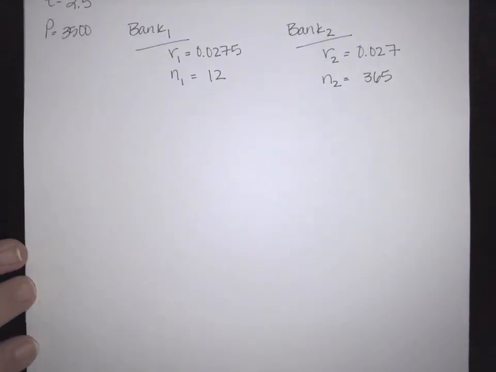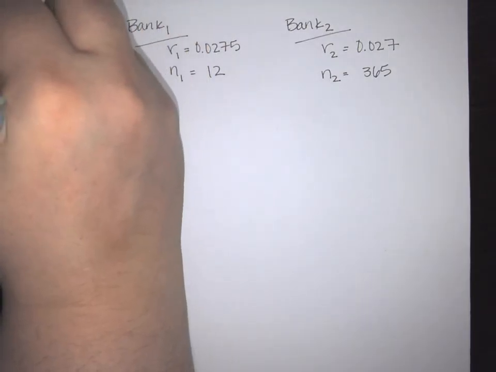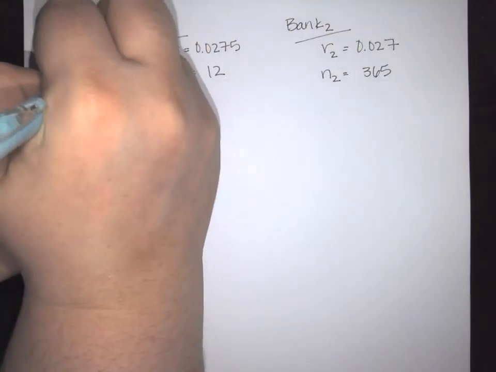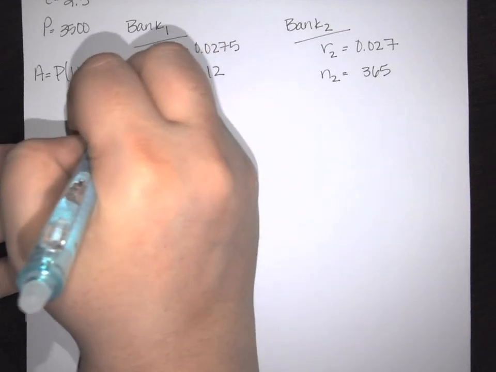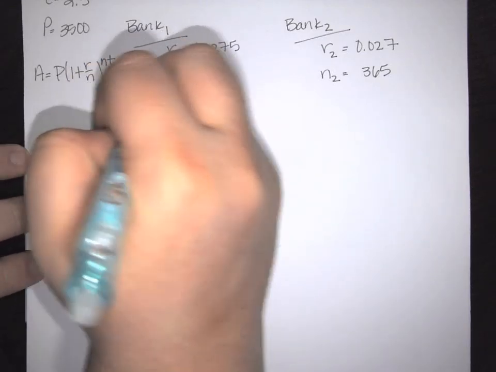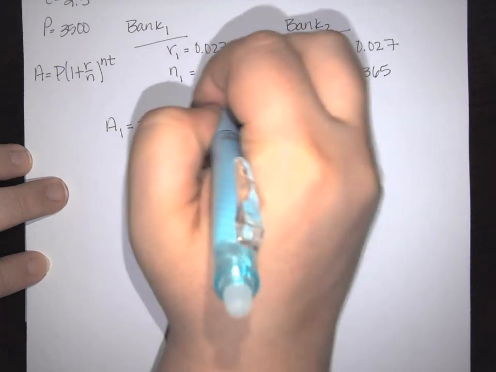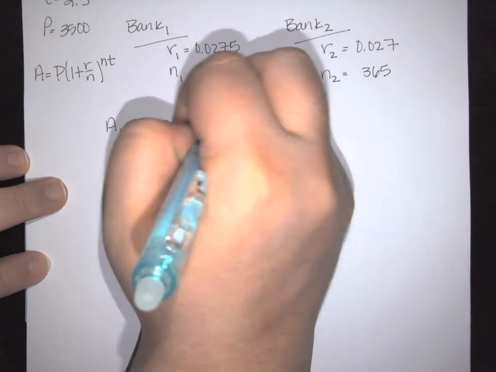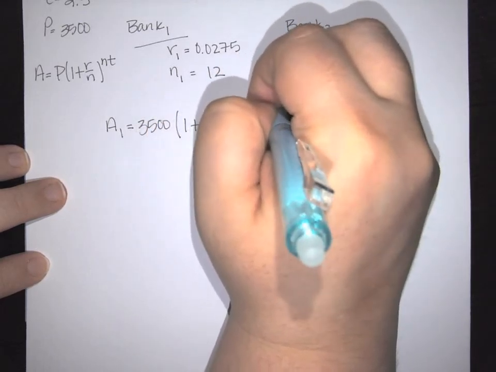So we are using the compound interest formula. The formula that we're going to use is A equals P times 1 plus R over N raised to the NT. So here for Bank 1, we would have that my A1 is equal to 3,500 times 1 plus my R, which is 0.0275, all over 12 raised to the 12 times 2.5.